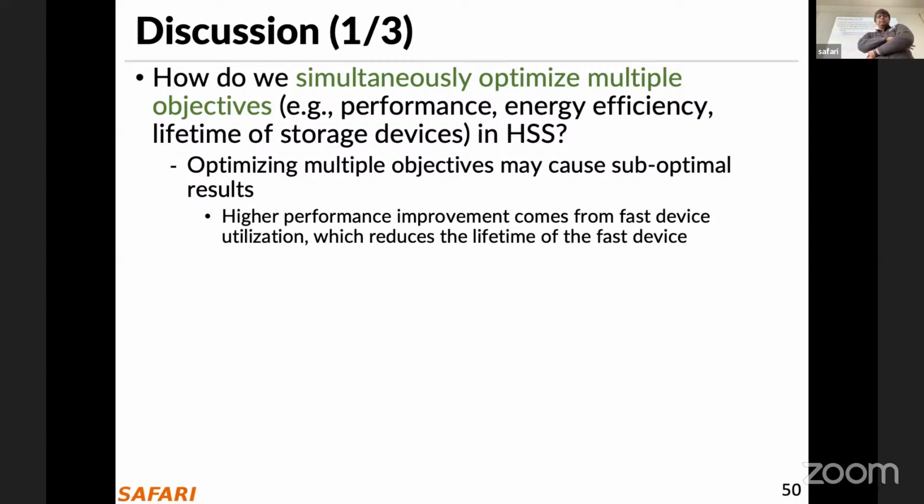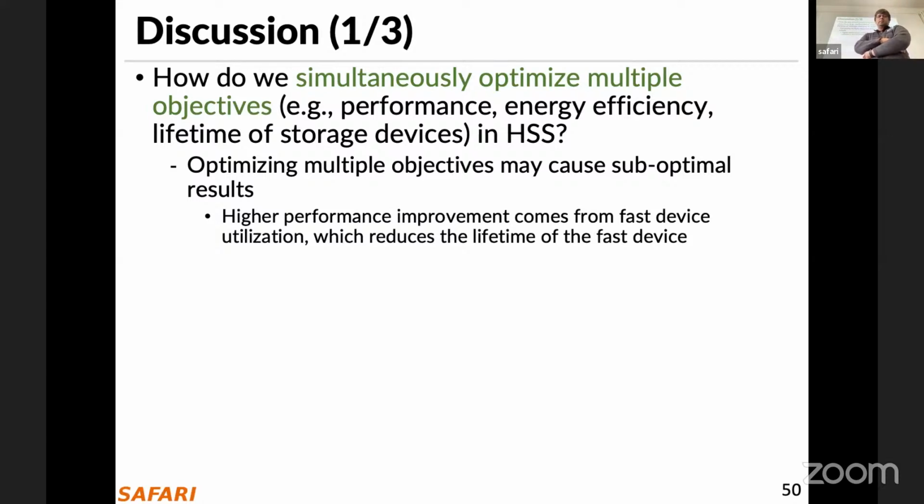Just to give you an example, if you try to optimize for performance, then the best way is to use the fast device like a cache, serving everything from the fast device. But that reduces the lifetime of the device, which is something that we are also trying to concurrently optimize for. So it's a challenge finding a balance when optimizing all these things.